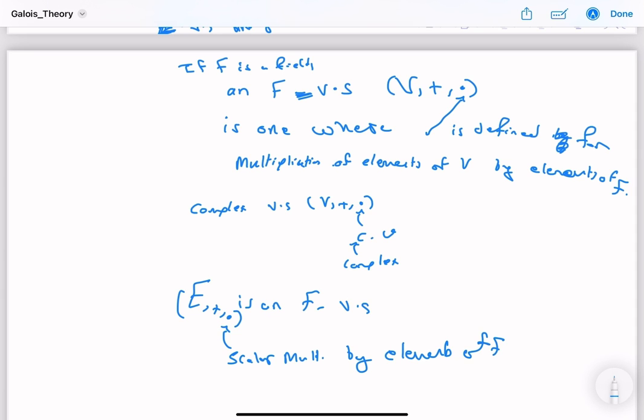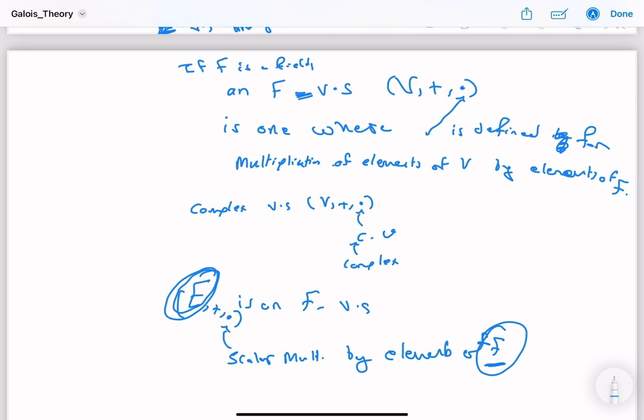And what does it take for a set to be a vector space when we define scalar multiplication by some elements of a field? Well, we need the scalar multiplication to be a binary operation. But multiplying elements of E by elements of F is okay, because first of all, multiplication is defined in the field, because in a field, addition and multiplication are defined.